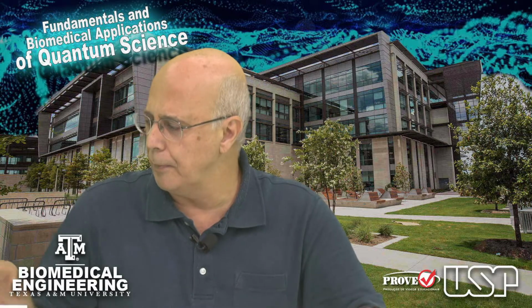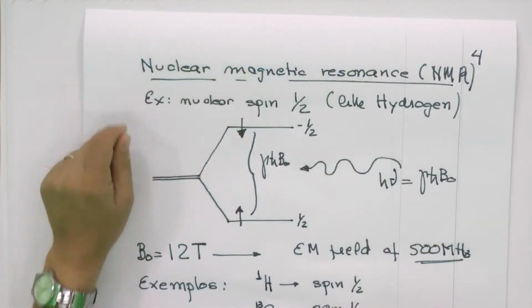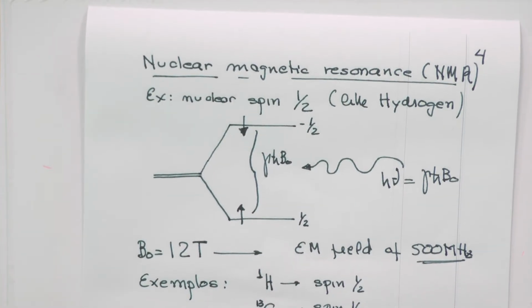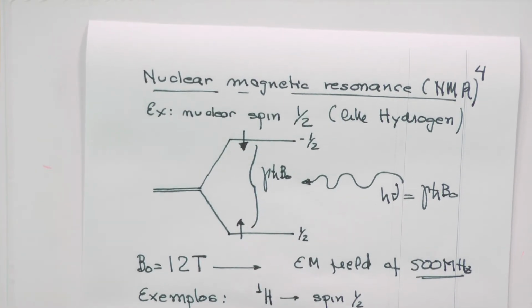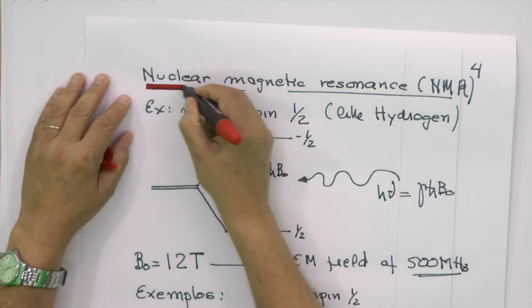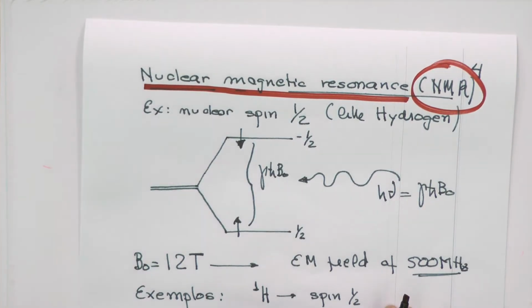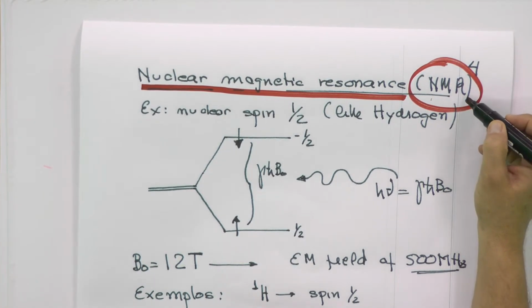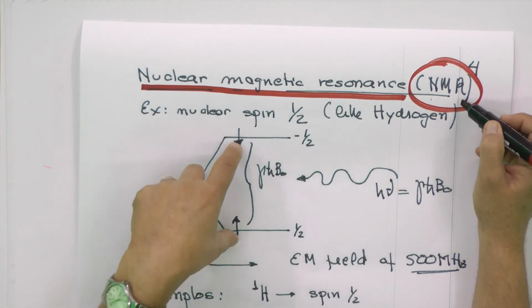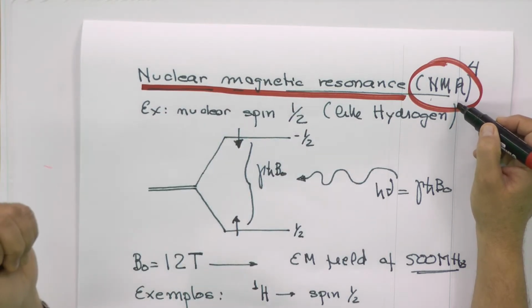Okay, but now we want to go to the other part, which is the nuclear part. So now we're going to talk not about electron magnetic resonance, but about nuclear magnetic resonance, NMR. That's the name of the thing. When we speak about NMR, we're speaking about interaction of radiation with the nuclear spin, not the electron spin.